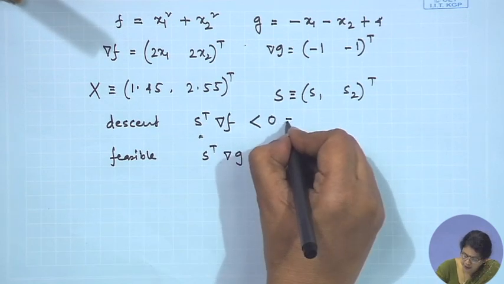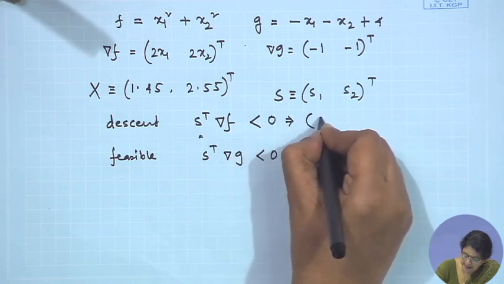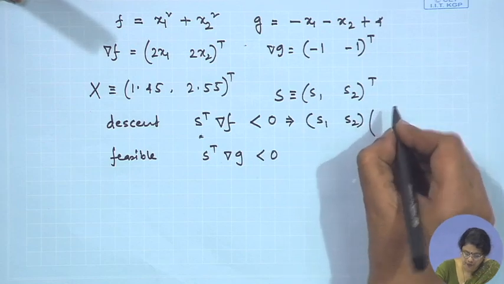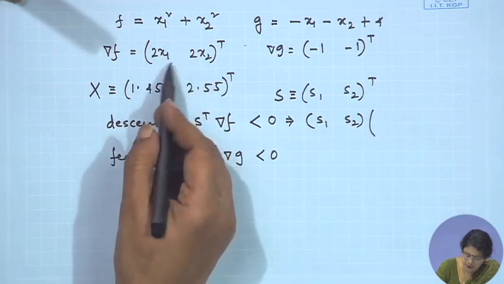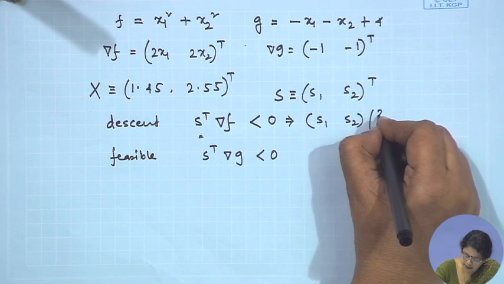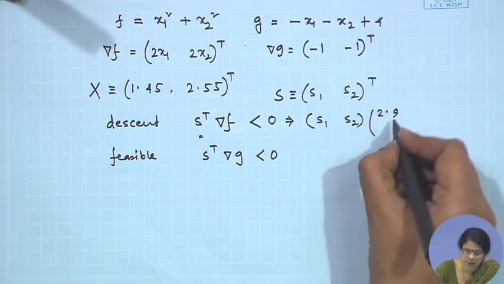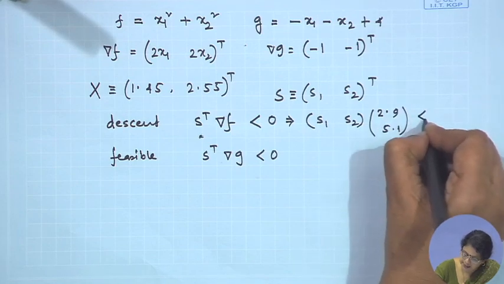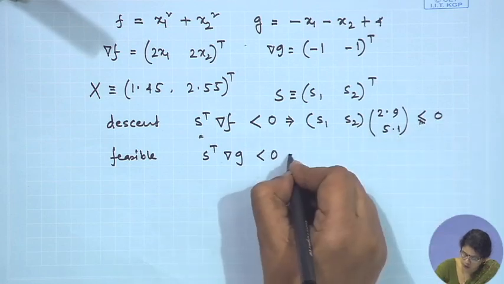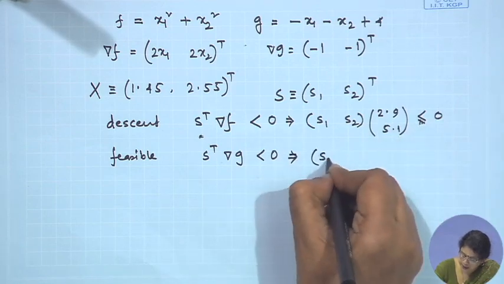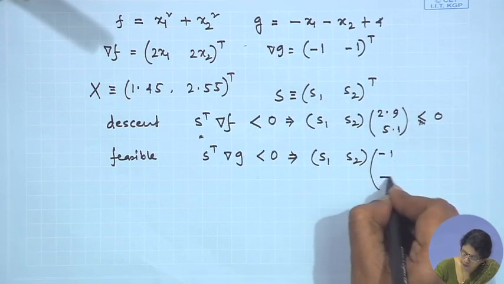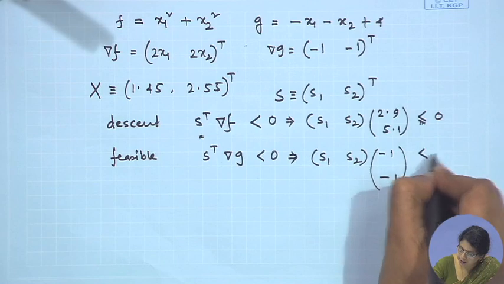What we are getting from here is S1, S2 at this point 2x1, 2x2, that is, 2.9 and 5.1, must be less than 0, and S1, S2 with grad g, with no involvement of x1, x2, must be less than 0.